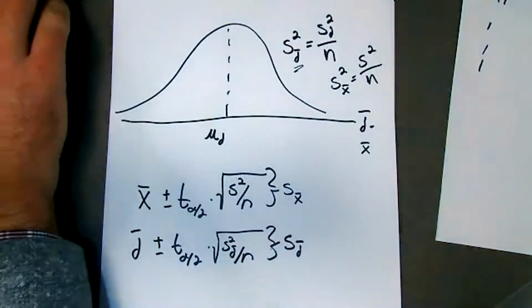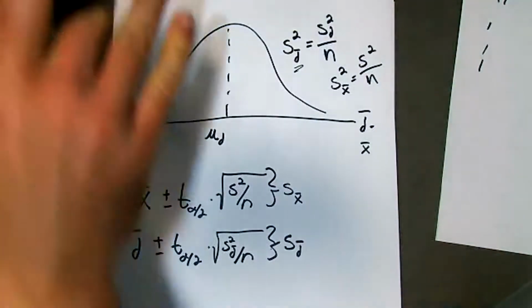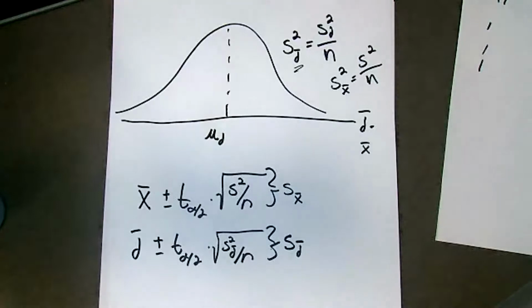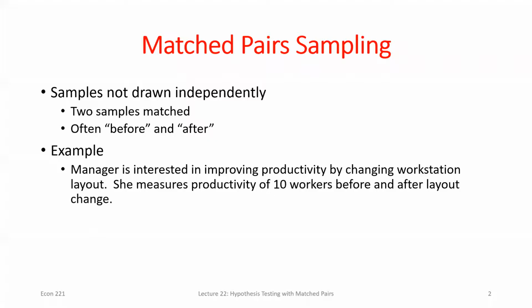Does that help any? If you can't read something, let me know. For some reason it looks a little fuzzy to me as well. I'll try to write big. So, let the screen catch up to us here in class.